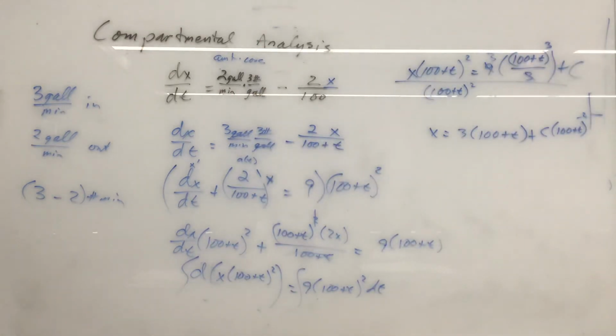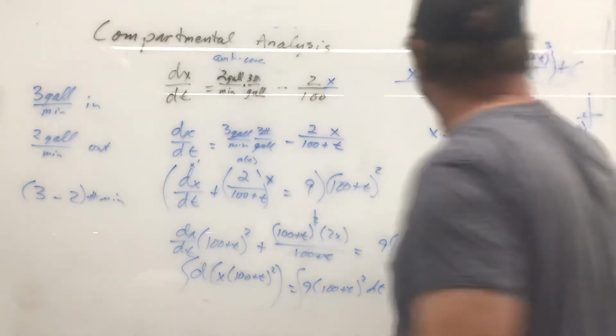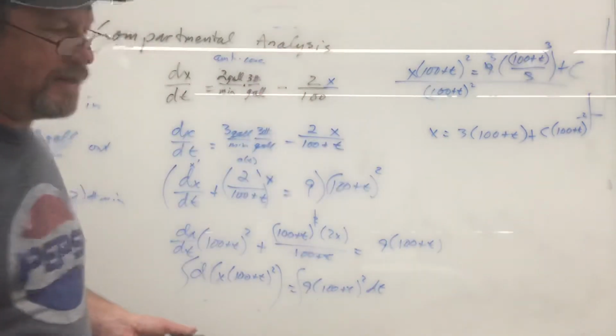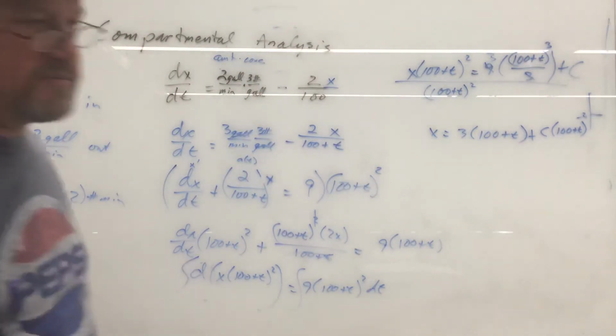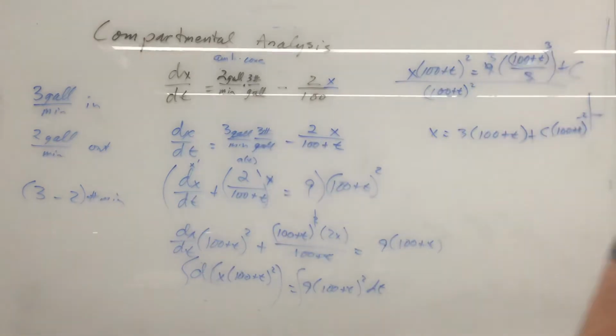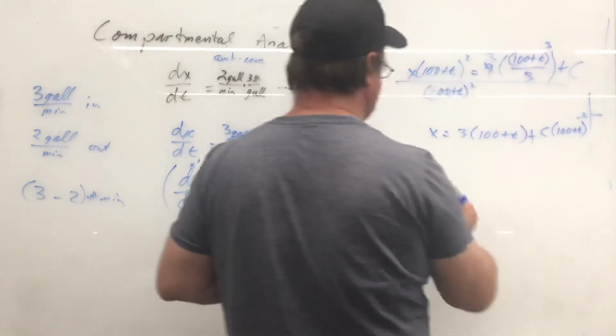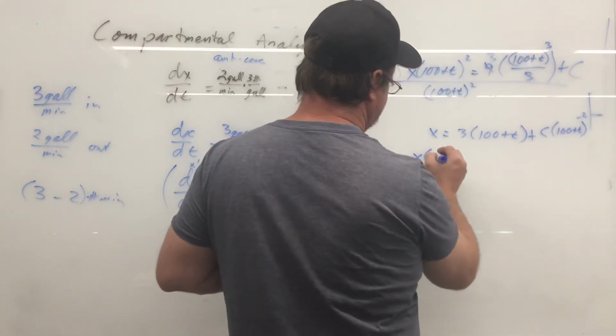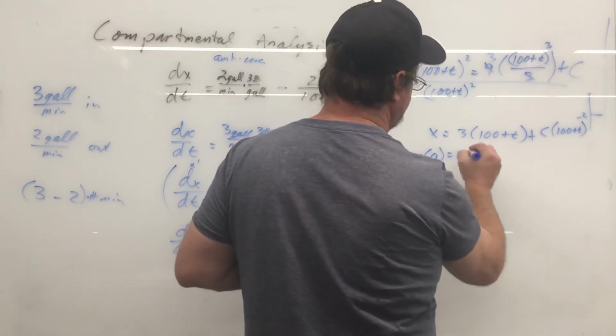Now, once again, if I want to find out what c is, I have to know more about this. How did it start? That again comes back to, well, what's going on at t equals 0? And if we said the same thing was going on at t equals 0 as before, which was that there was 50 pounds in the tank when we started, then we can use that here and say x at time 0 was 50.